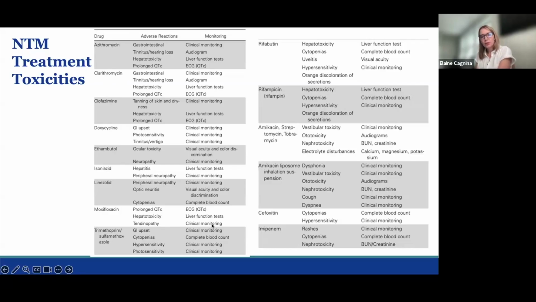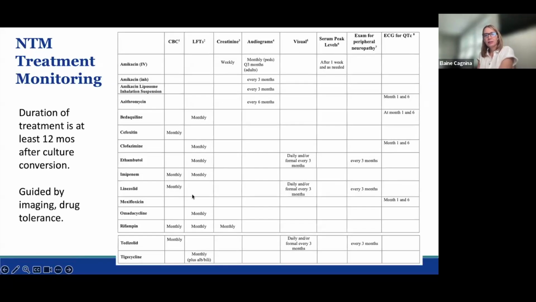And I put this up here just to show all of the toxicity monitoring that has to be done when you're on these medications. So again, you're on at least 3, usually 4 of these at a time, and getting all of these risks, all of these toxicities, and all of this monitoring. And this is a schedule of the monitoring that has to happen for each of these medications.